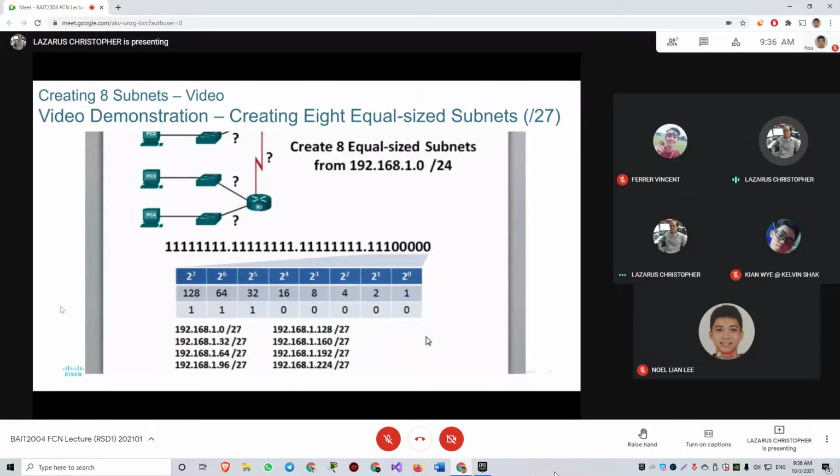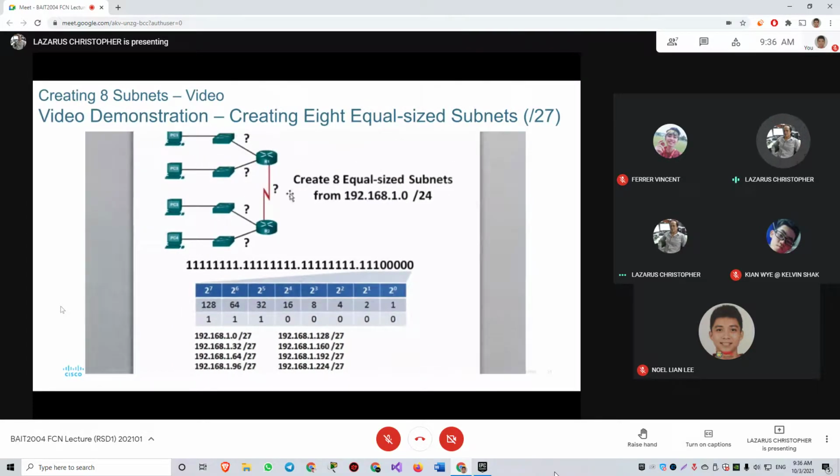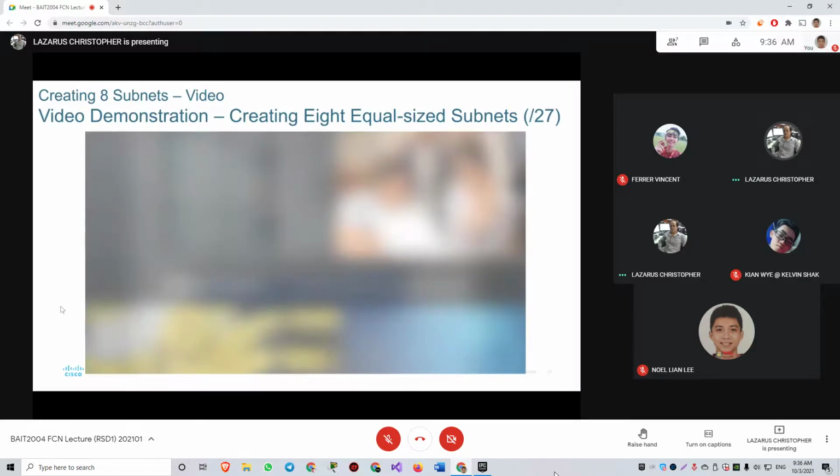So as you can see, we have 8 subnetworks going up in increments of 32: the 0, the 32, 64, 96, 128, 160, 192, and 224. We can use any of these 8 subnets to accommodate the 5 subnets that we'll need to address all of these networks.